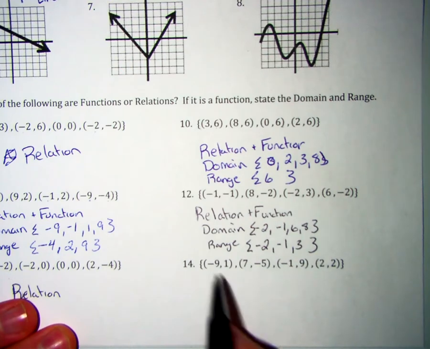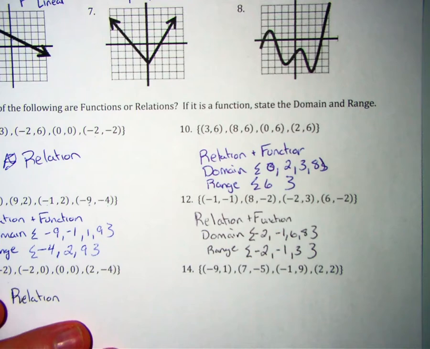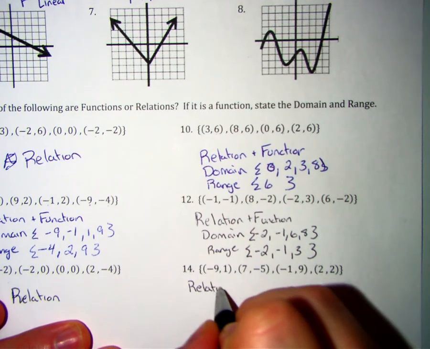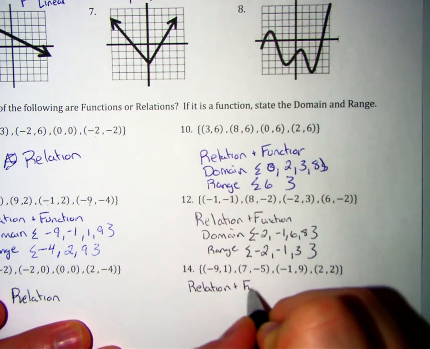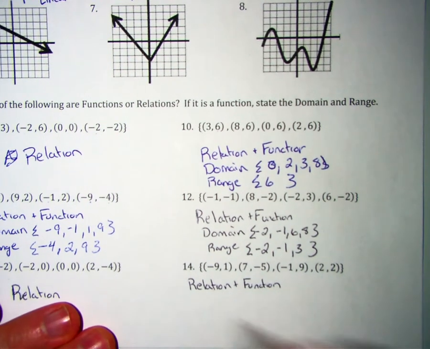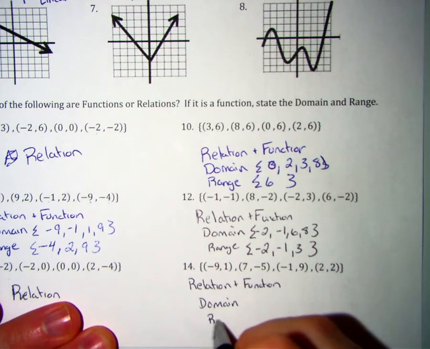Number 14, -9, 7, -1, 2. No repeating x values, so we have a relation and a function. So we need to list our domain and range.